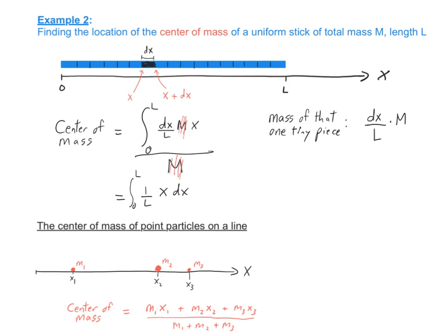By the way, I've just swapped the order. Here I wrote it as dx times x, and here I'm writing it as x times dx. That's perfectly allowed.